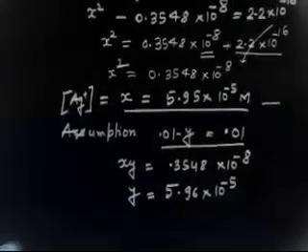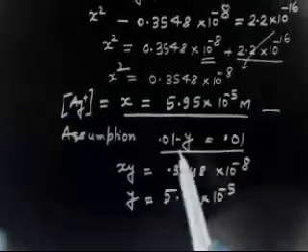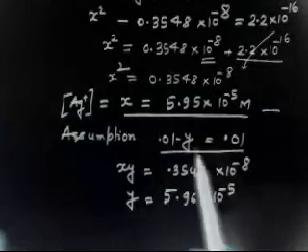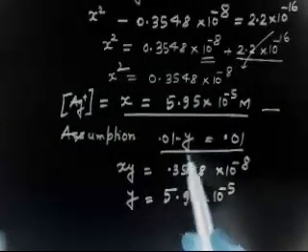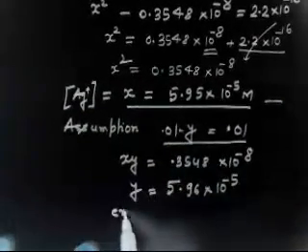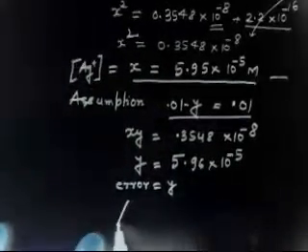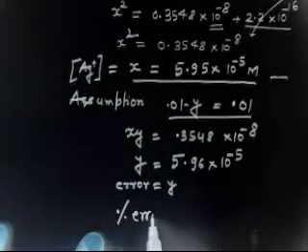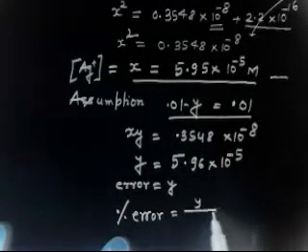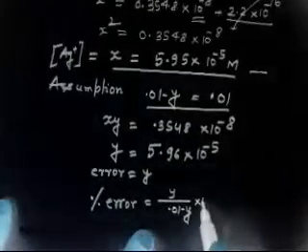Now see what error we are making. If I write 0.01 minus y as 0.01, I am making an error of y. So what is my percentage error? I have to write y divided by (0.01 minus y) into 100.